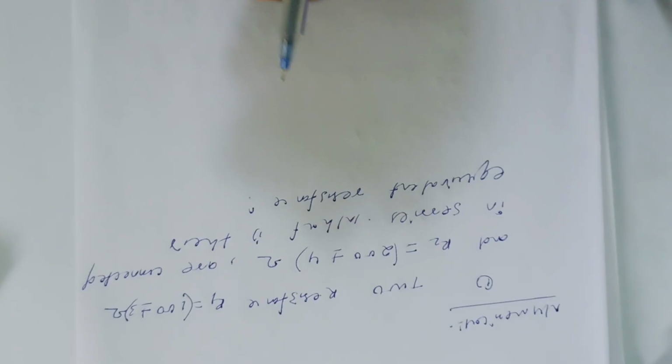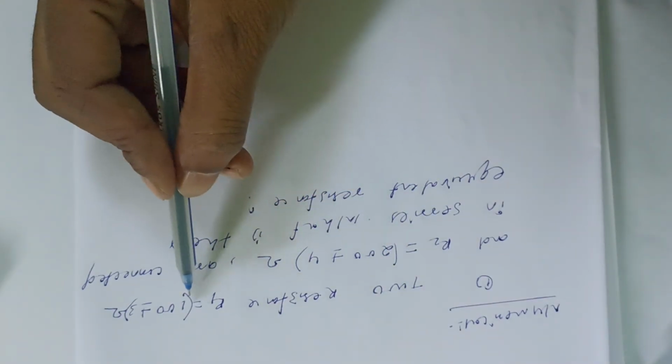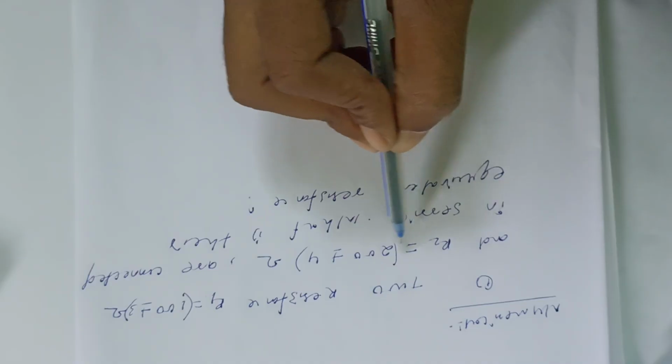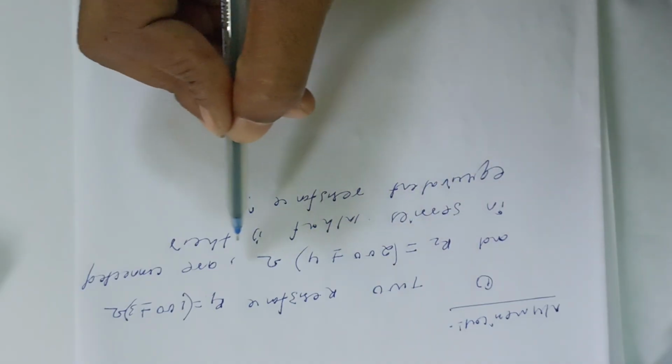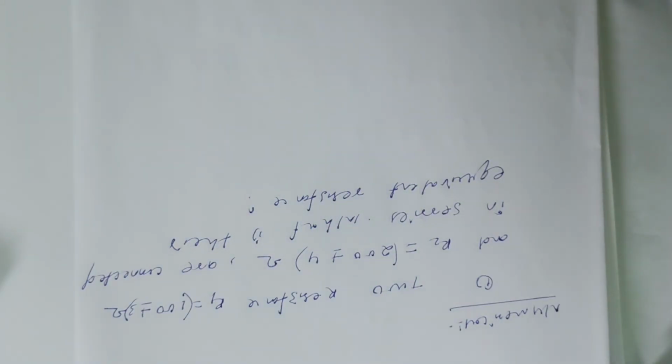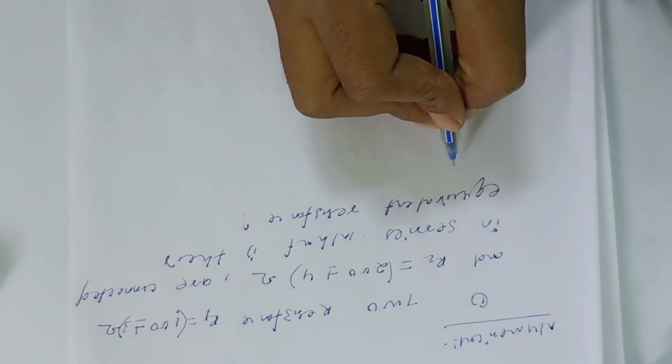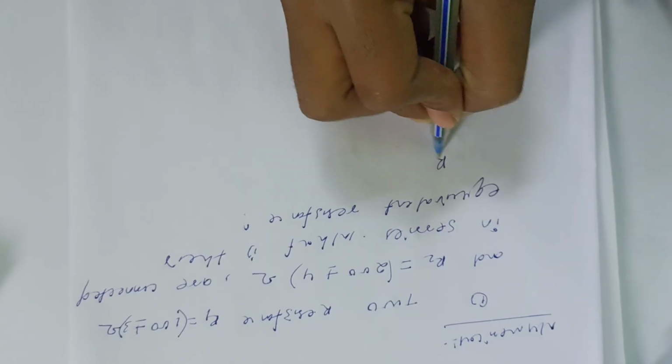In one numerical, two resistances R1 equal to 100 plus minus 3 ohm and R2 equal to 200 plus minus 4 ohm are connected in series. What is their equivalent resistance? In series, the resistance is R equal to R1 plus R2.